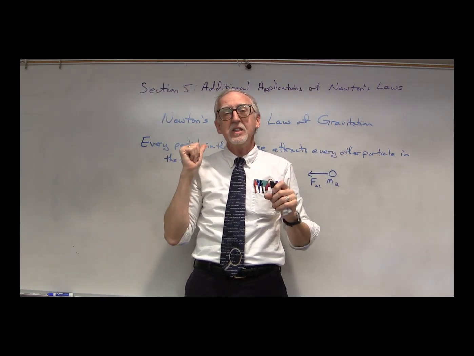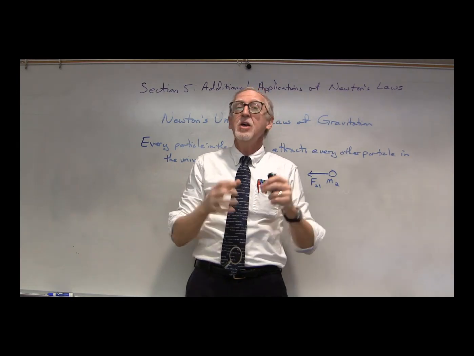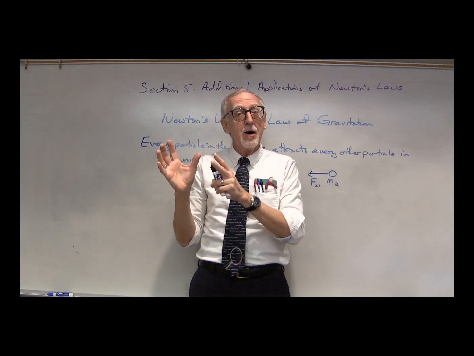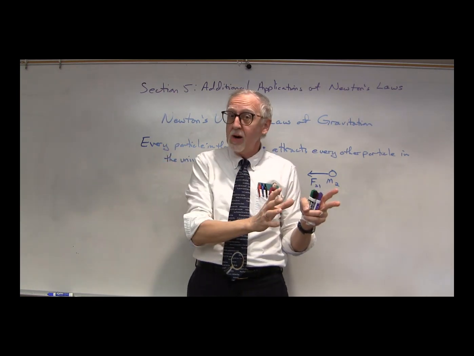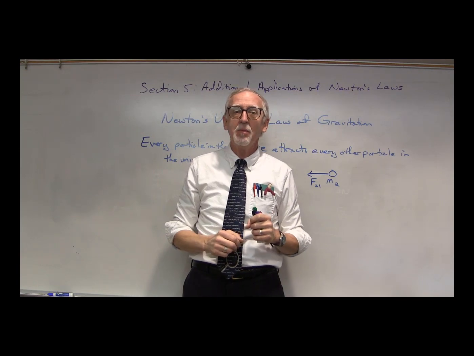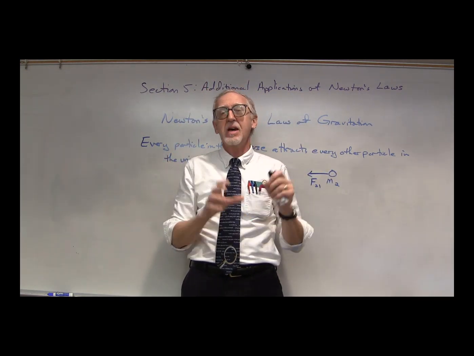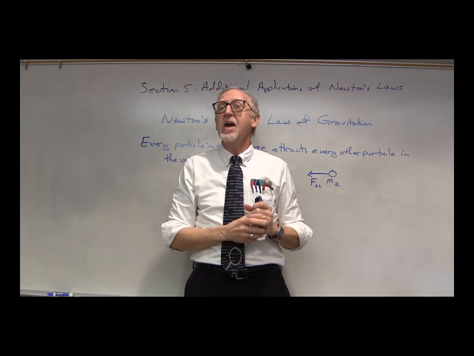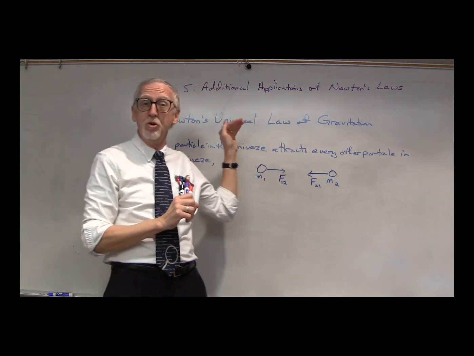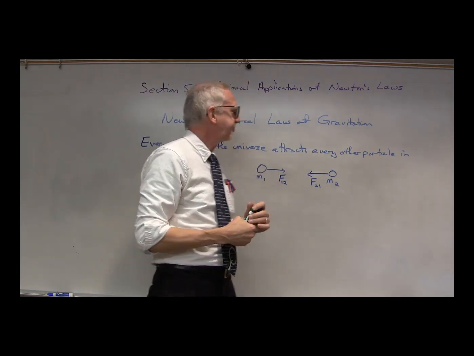Newton wanted to emphasize this law worked everywhere in the universe. Universe comes from the Latin unus versus, turned into one. So we're joining up the terrestrial and the celestial realm into a single object. Everything is now in the universe, and this law applies everywhere, according to Newton. We'll see later on where this might not exactly work.